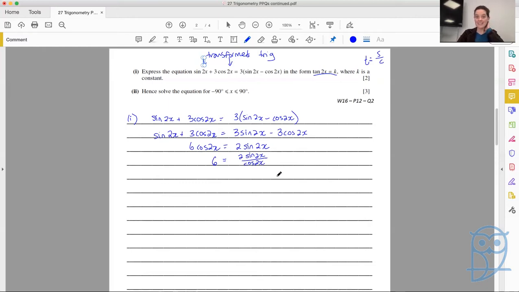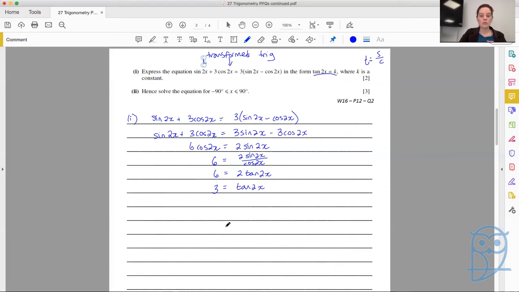So that cos 2x is still there. It didn't run away. But we can now replace sine 2x over cos 2x by tan. So we get 6 equals 2 tan 2x, divide through by the 2, so 3 equals tan 2x. So we now know that k equals 3.